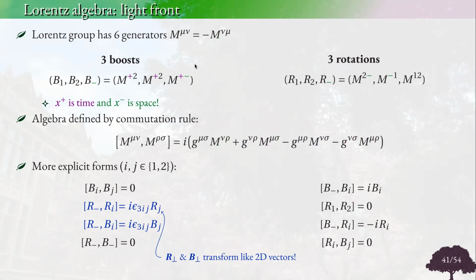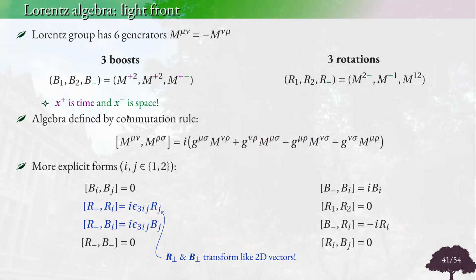So now I'm going to take a different approach than I have been so far, where instead of trying to define the generators using conceptual arguments, I'm just going to take plus and minus components of things. So your boosts are, oh wow, that should be M+1 here for this first one. There's a lot of typos in these slides. I need to fix them.